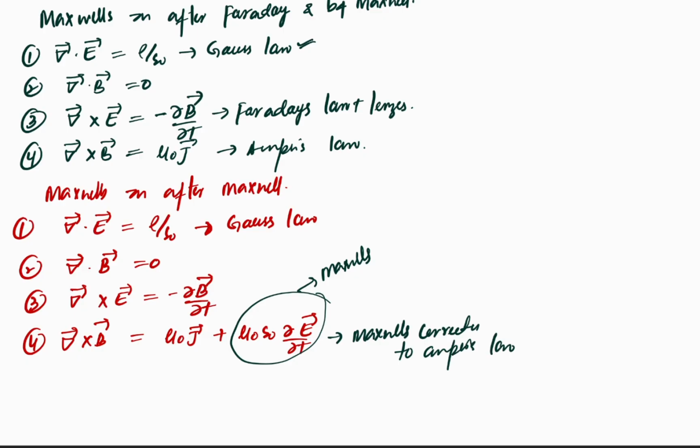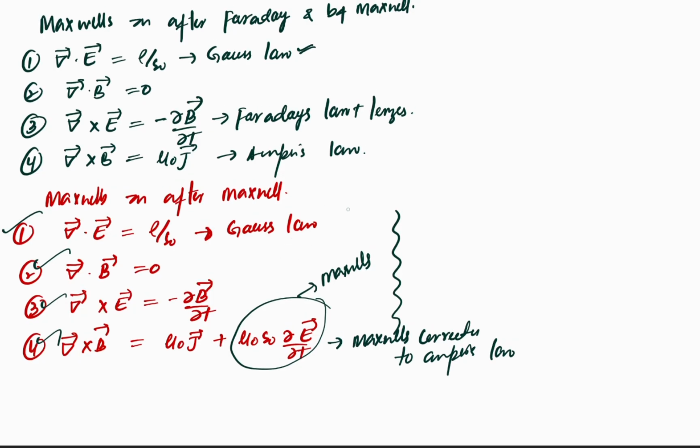Now in the present literature, these four equations are called Maxwell's equations. Whenever somebody asks you to write the Maxwell's equations of electromagnetic waves in free space, in a dielectric medium, or in a conductor, we'll be dealing with these four equations.